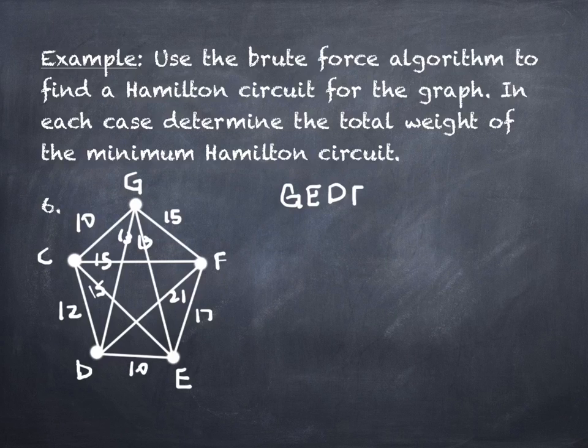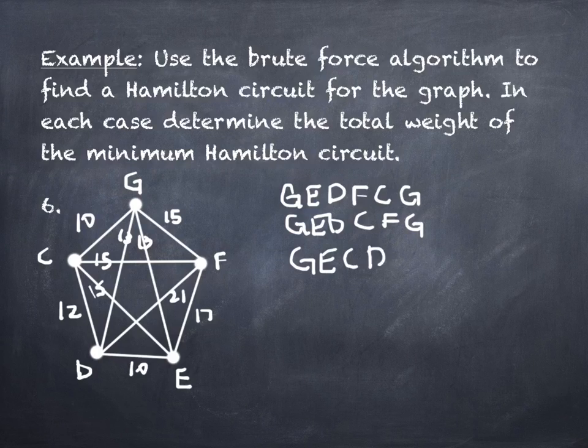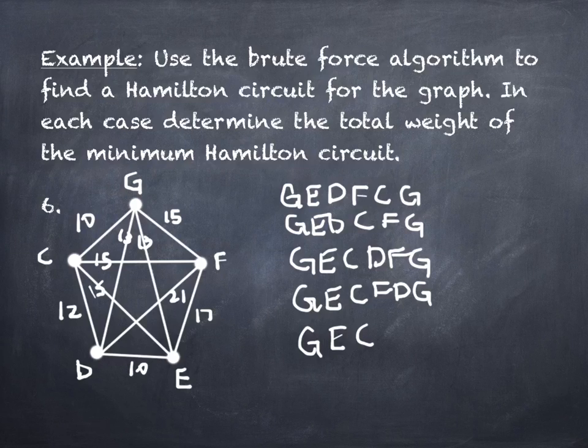So GED, F, C, G, which means then we also have GED, C, F, G. We've got GEC, D, F, G, and GEC, F, D, G. And then there's GEF, C, D, G, and GEF, D, C, G. And that's 18 now.